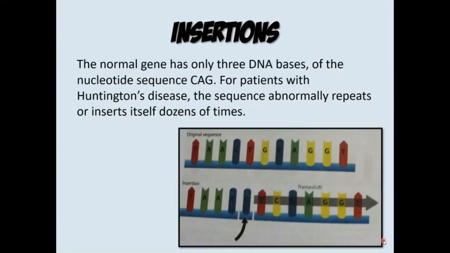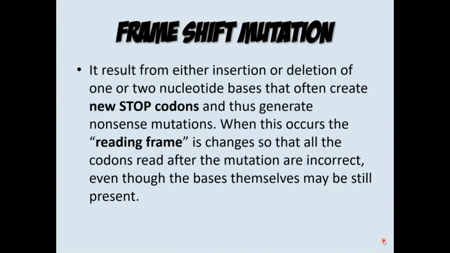The normal gene has only 3 DNA bases of the nucleotide sequence CAG. For patients with Huntington's disease, the sequence abnormally repeats or inserts itself dozens of times.